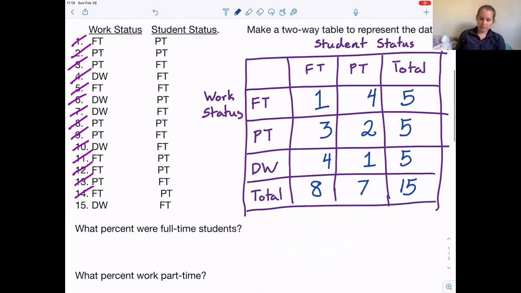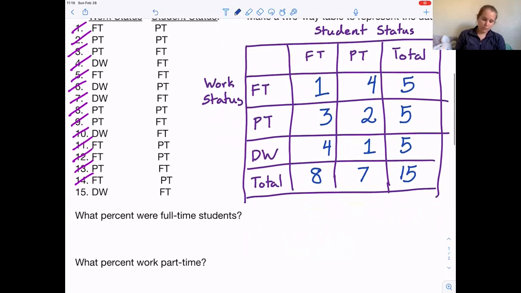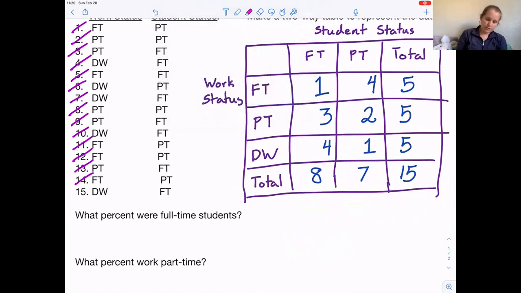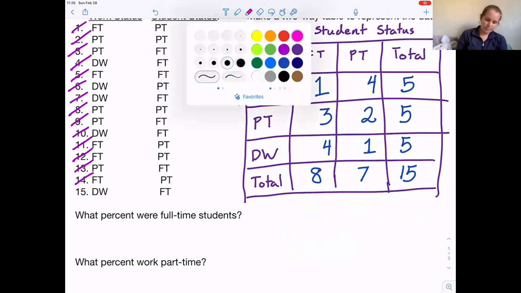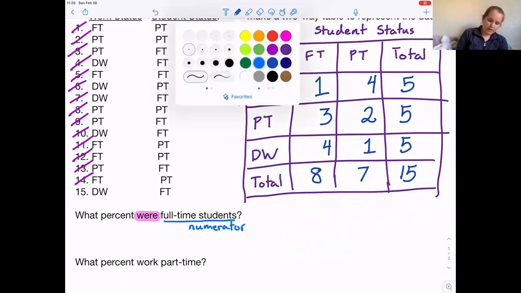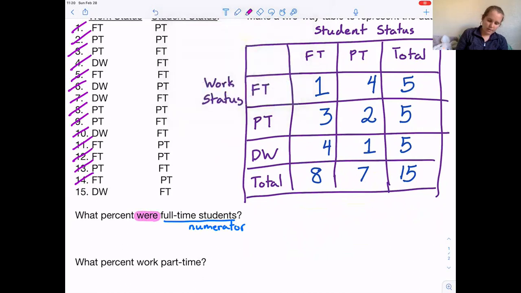And then we have a few questions to answer. First up, what percent were full-time students? So we find our verb. After the verb is our numerator. We have our what percent.